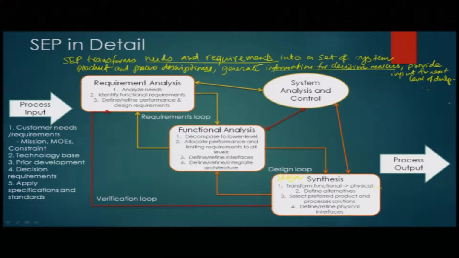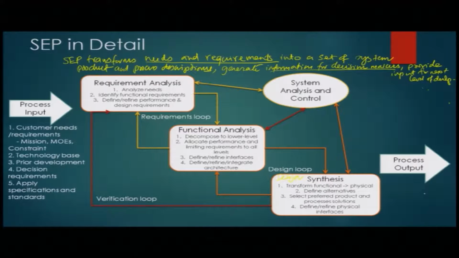So this physical thing can be a product or a subsystem or assembly, anything like that. So you identify the physical thing that will actually satisfy the functional requirement. That is part of this analysis.